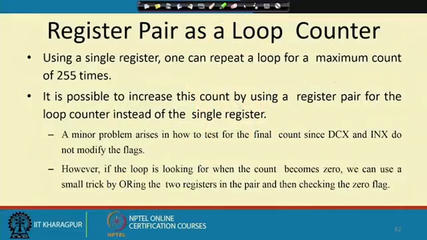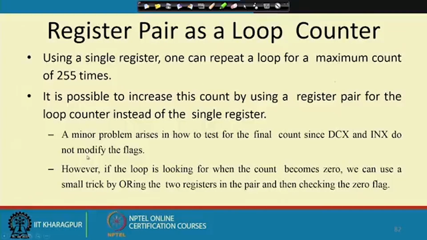So I can have a larger range of looping. But there is a small problem: when you do the decrement operation with the DCX instruction or the increment operation with INX, they do not modify the flags. This is a special thing about the DCX and INX instructions.